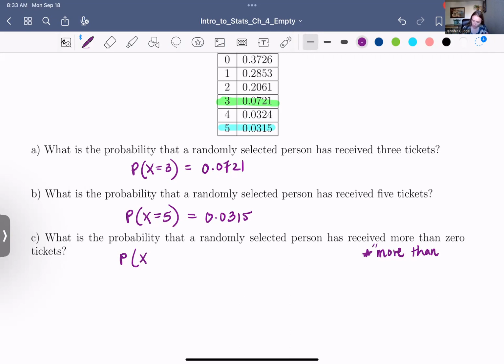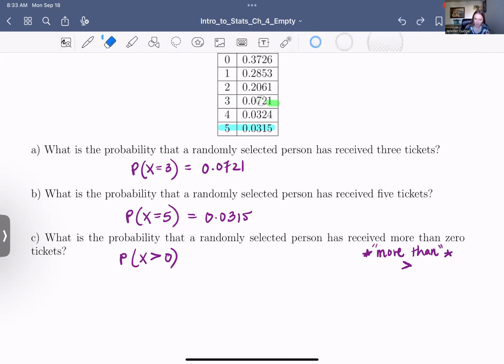If we have more than, that is going to be a strictly greater than. No or equal to. They're saying more than 0, meaning at least 1. So strictly greater than 0, more than 0.